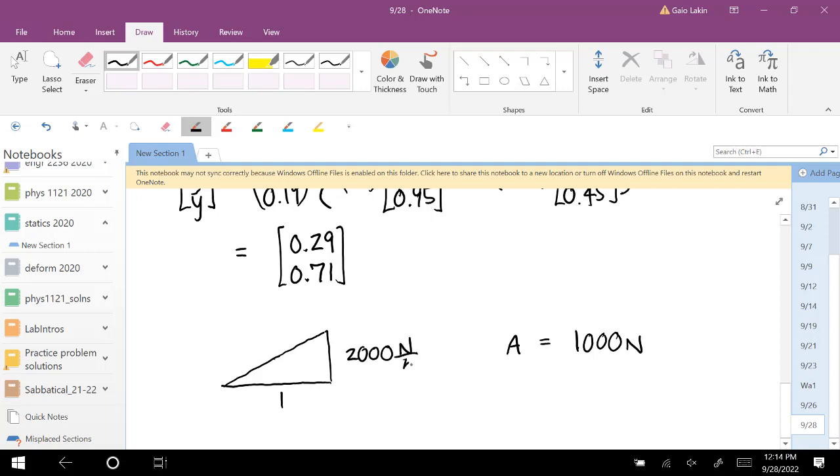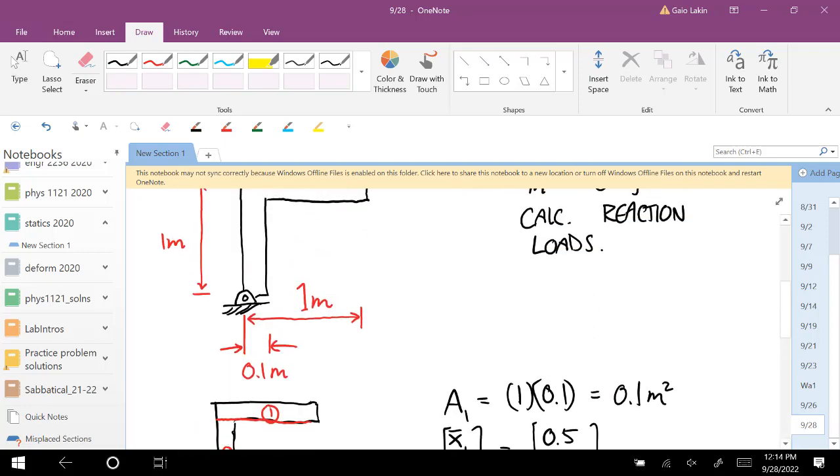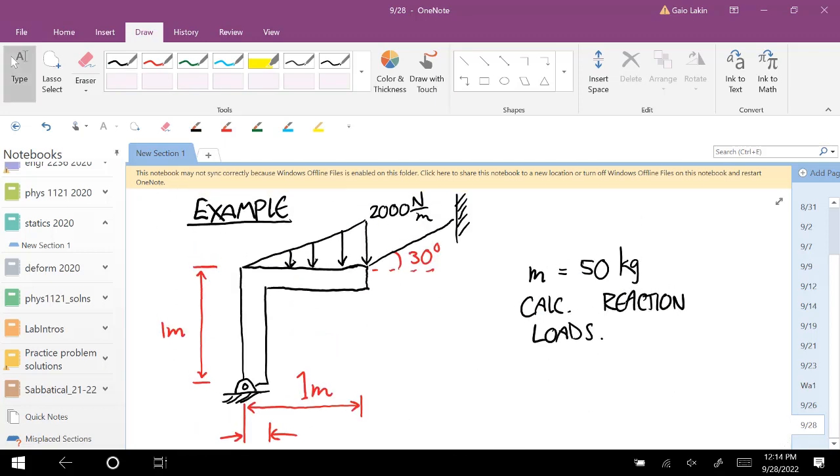This is newtons per meter, this is meters. And the centroid, so if you look back at the centroids of common shapes, for the right triangle, you go up the leg that has a height, and you go a third of the way toward the point.